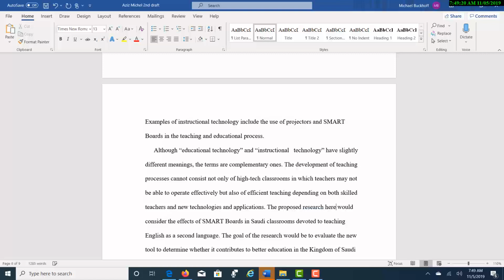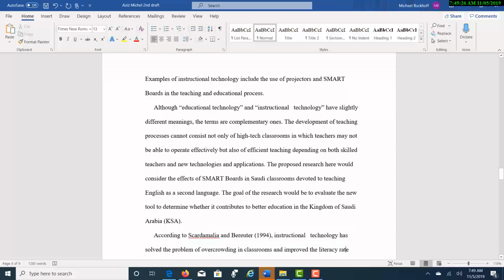The proposed research. I'm going to say the proposed research here would consider the effects of smart boards. I'm going to say will. Why would? Why go to the hypothetical? I think this is what you're going to do, right? This is a certain thing. The proposed research here will consider the effects of smart boards in Saudi classrooms devoted to teaching English as a second language.